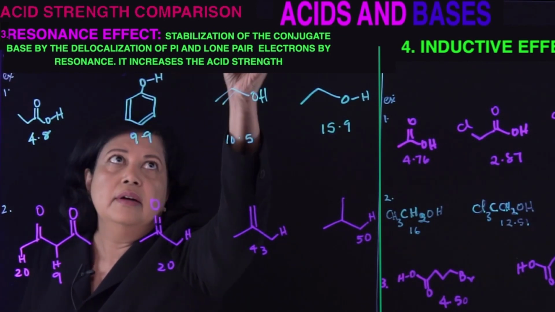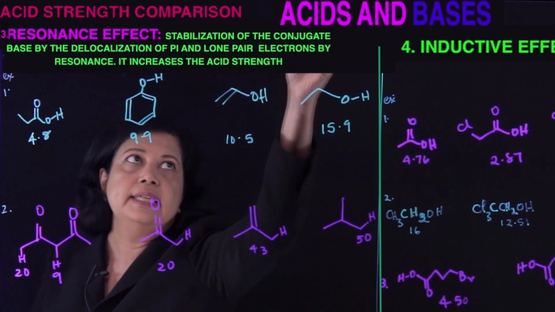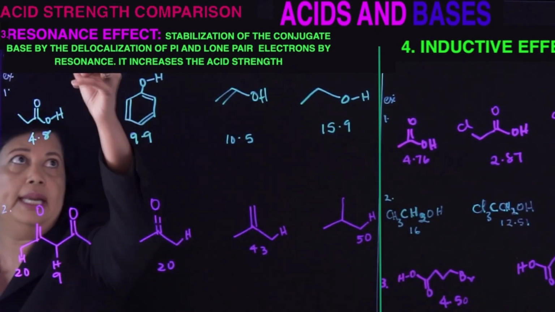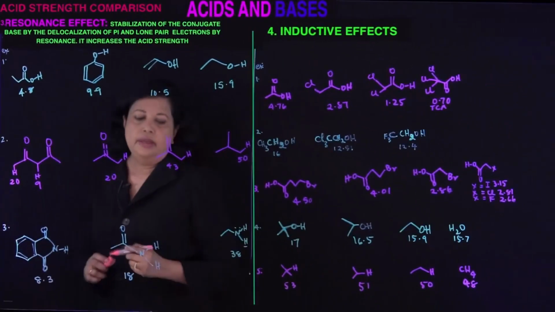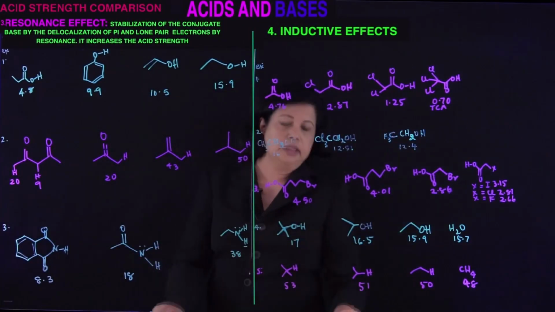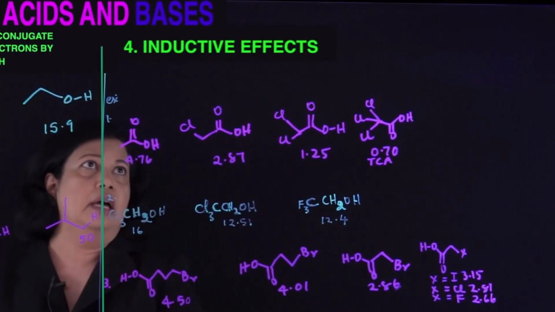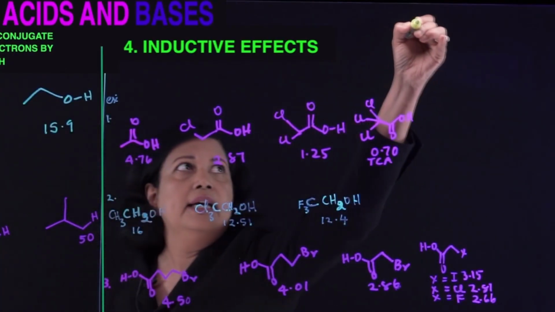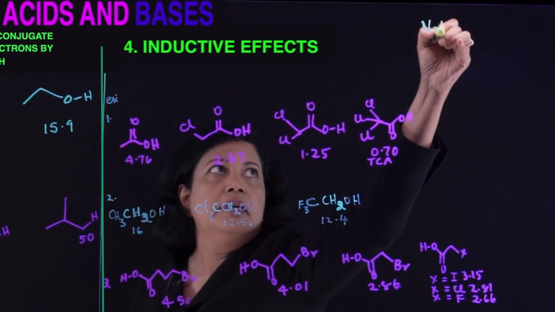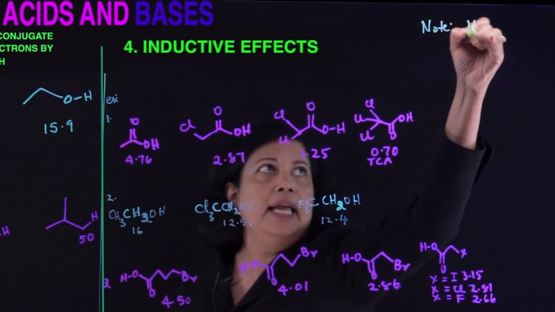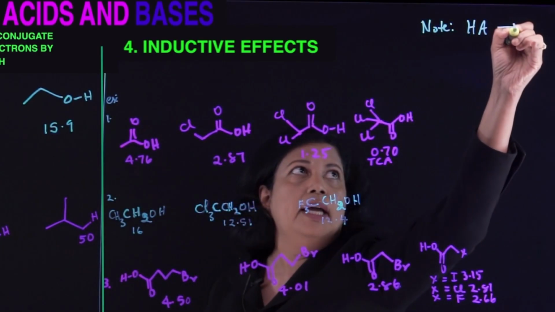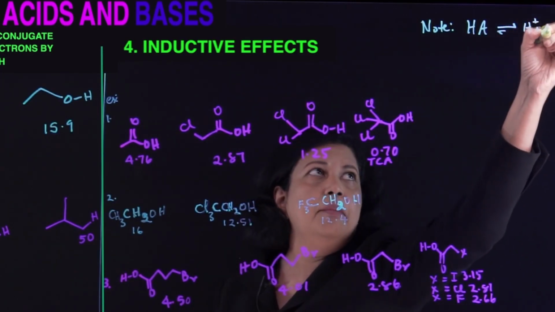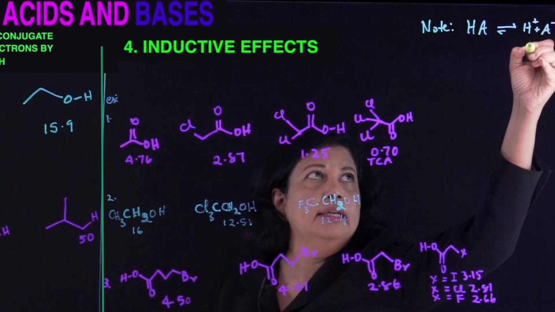So we will talk about stabilization of the conjugate base via delocalization of pi and lone pair electrons. And we already talked about that very important concept that if you have an acid, HA will go to the right more if you have an A minus that is stable.